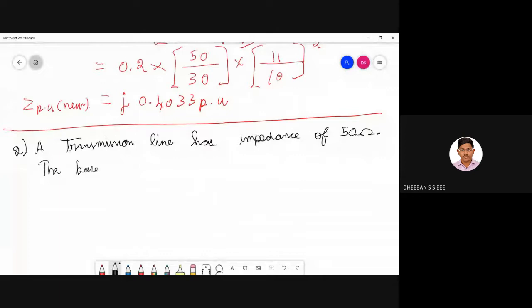The base MVA is 100, base kV is 110, to find the per unit reactance, it is Z per unit.